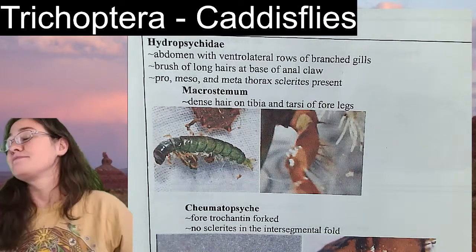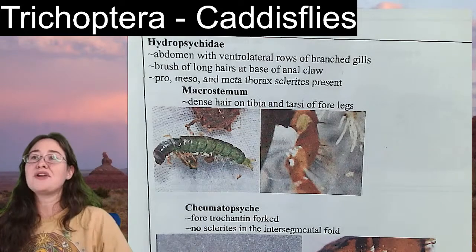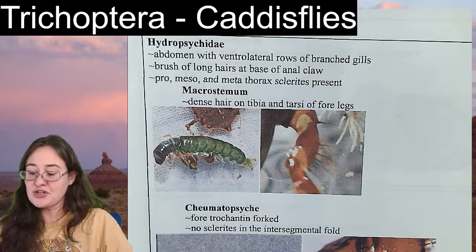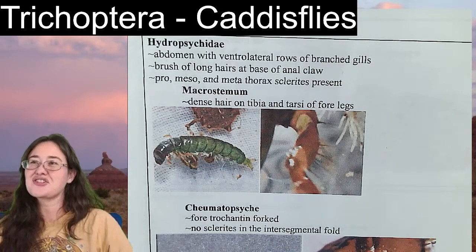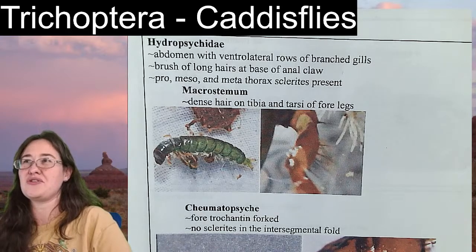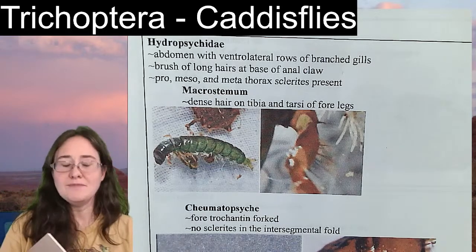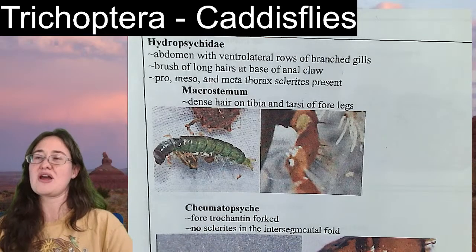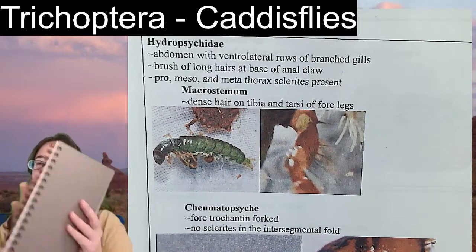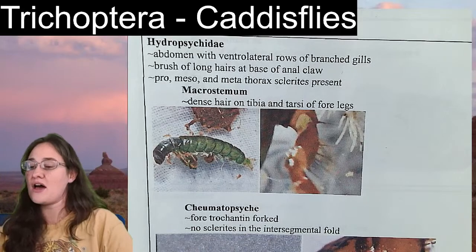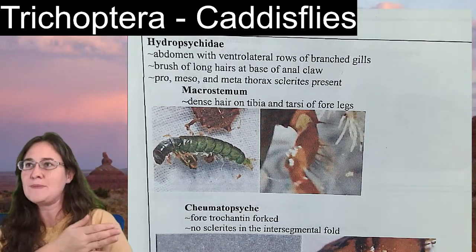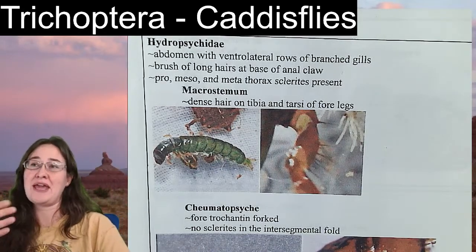Now, I would say out of the three, and this is just in my experience, you could argue stoneflies too, the trichopterans are the ones that have the widest variety of tolerance to sensitivity based on family.